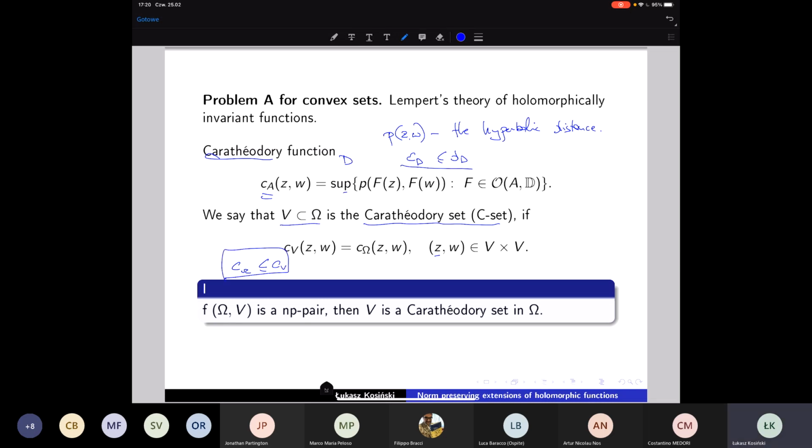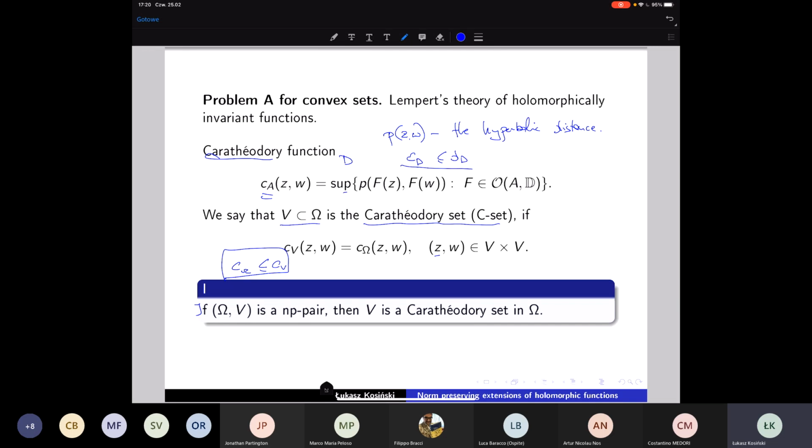Okay, if you see there's a mistake here. Note that this notion of C sets is much weaker than the notion of NP pairs, because if omega, V is an NP pair, then V is a C set in omega.